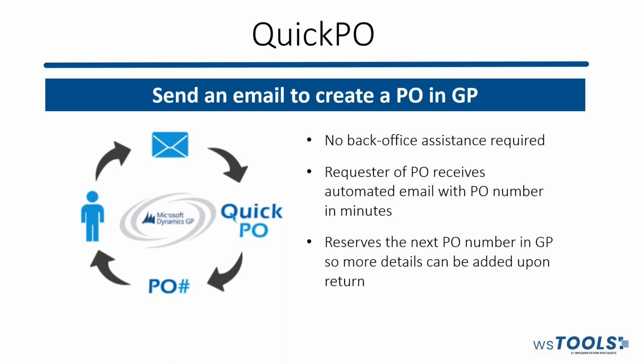And then, of course, they can give you the receipt later, so you can get the rest of that PO entered in correctly. So again, it allows that process to happen without having to call into the back office, get somebody to stop what they're doing and start a PO for them, etc. So it's an automatic process that can happen in the background for you.